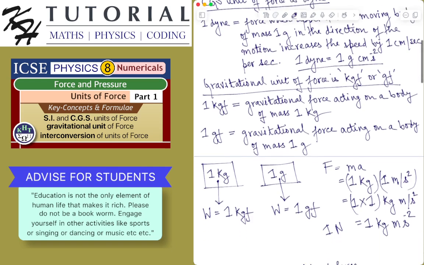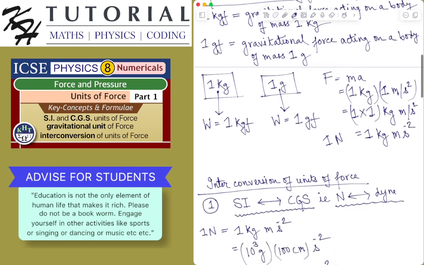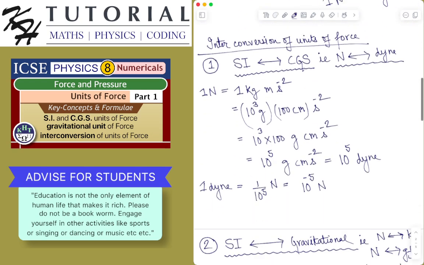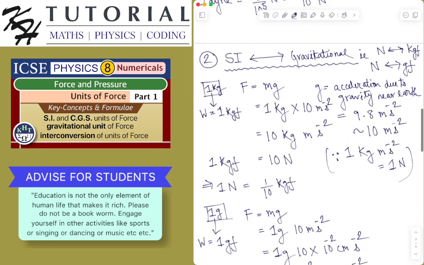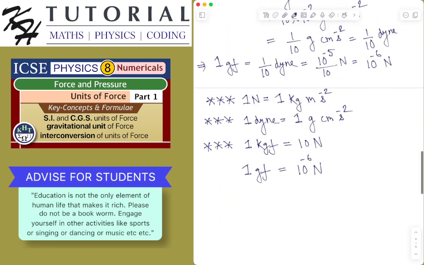gf means the gravitational force acting on a body of mass 1 gram, and then 1 kgf is equal to 10 Newton, and 1 gf is equal to 10 to the power minus 6 Newton.